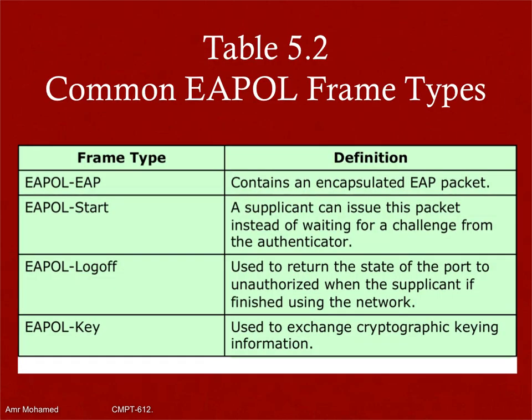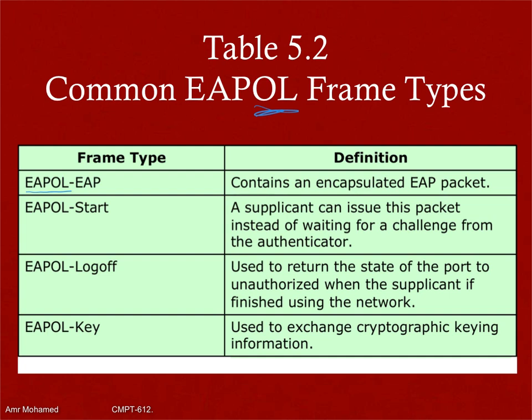Coming back to 802.1x, or what we call the Extensible Authentication Protocol over LANs, EAPOL. By over LAN here, we mean that this is only for multi-access protocols. You have the EAP, the actual authentication message, which has two headers, as we said before: the EAP header and the 802.1x header, which is the EAPOL header.